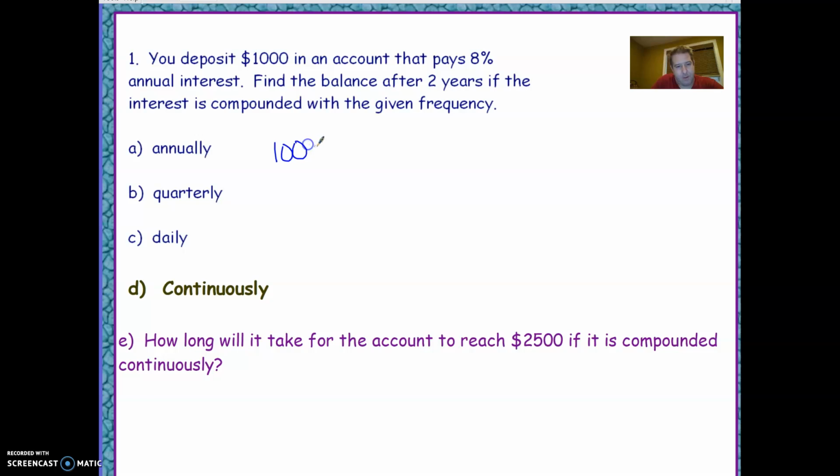All right, so if it's annually, then we're going to use just the simple interest. So it's going to be 1,000 times 1 plus 0.08, find the balance after 2 years. So then you would put 2 for the amount of time. If it's quarterly, then it would be 1,000 times 1 plus 0.08 over 4, to the 4 times 2 power. The only difference between these two is that you divide this rate by 4 because you're splitting it into 4 equal amounts over the time, but you get paid those interests 4 times, so it gets raised to that 4th power.